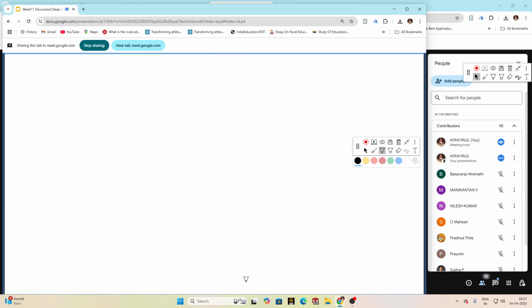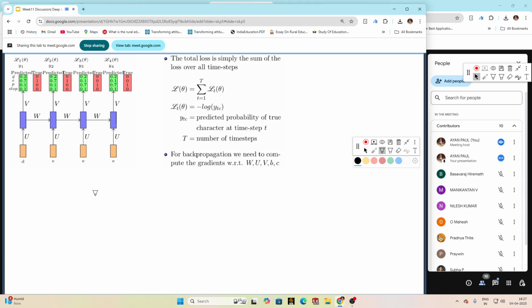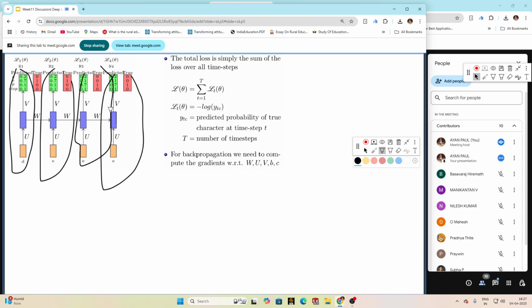So how will we backpropagate? Earlier we just had the loss function and we did dL by d theta, whatever theta we have. But here we have so many L's, because we will have an L at this time step, at this time step, and at this time step. So however many time steps we have, our loss function will just add up.